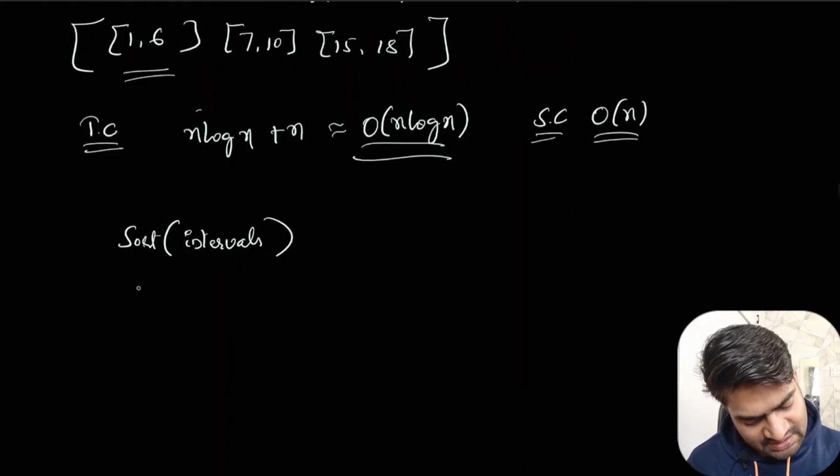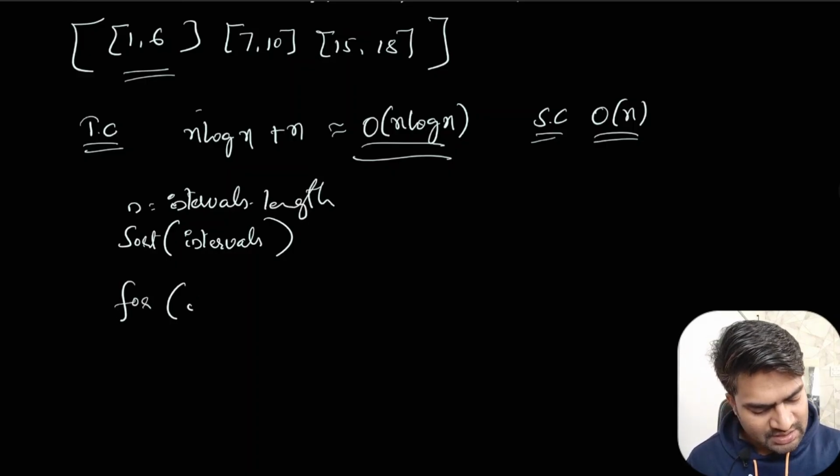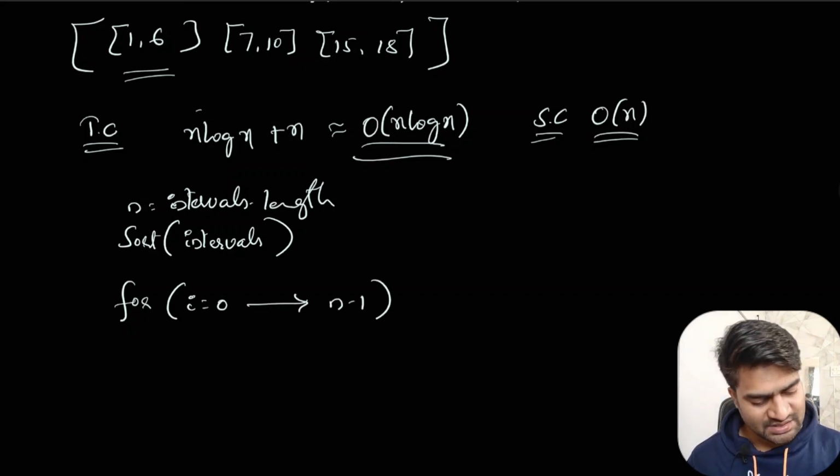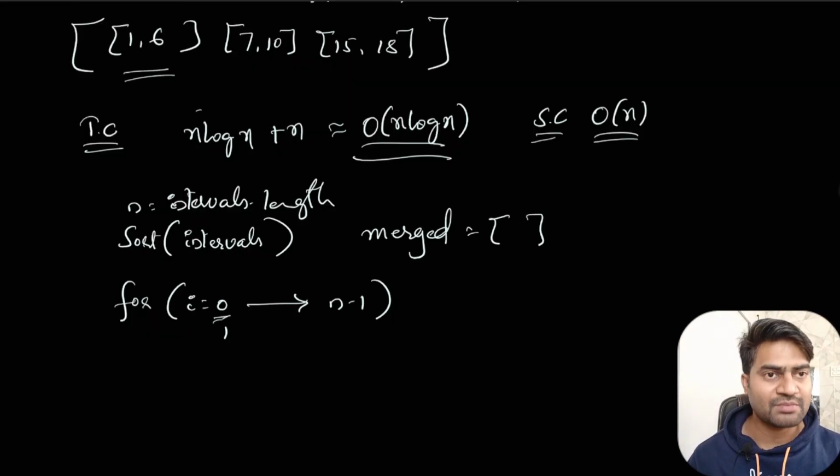Then after that, we also need n equal to intervals dot length. So for i equal to 0 to n minus 1, we iterate over each element. Then we also need our merged array. We can first push the first value in the array and then process from 1 to n minus 1, or we can simply take an empty merged array.